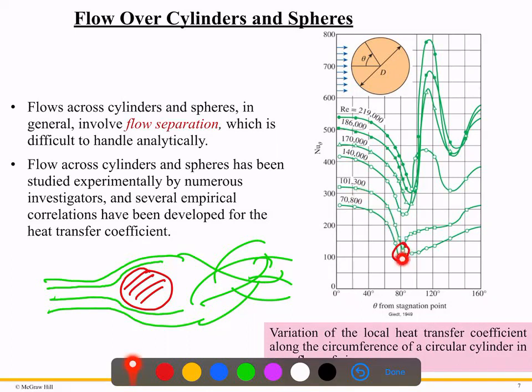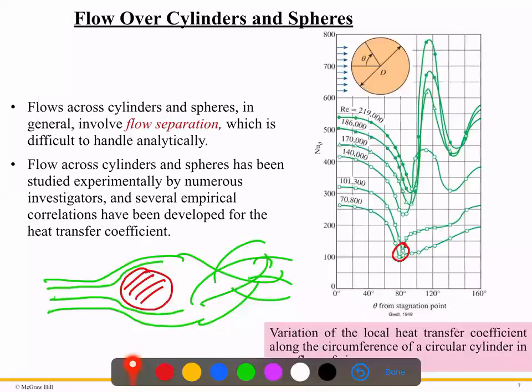Here for both cases, this angle becomes 80 degrees. When the angle theta is initially zero, the value is higher. When it increases, what happens?